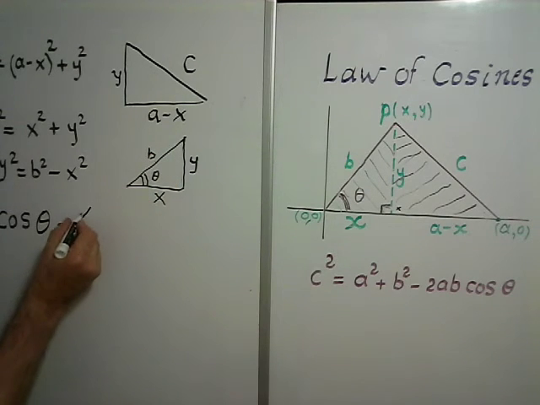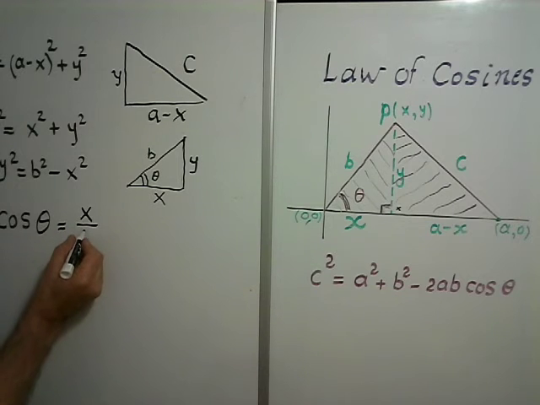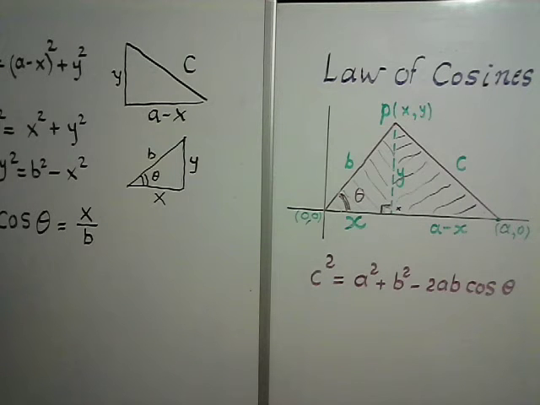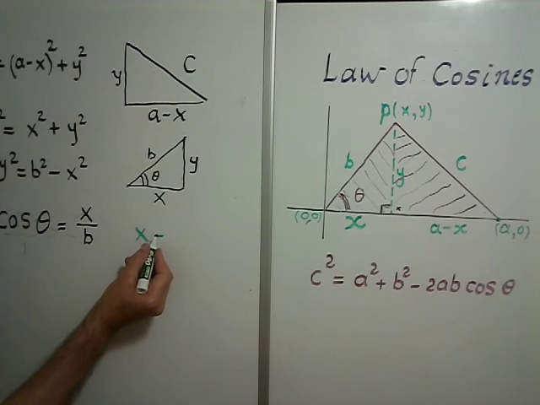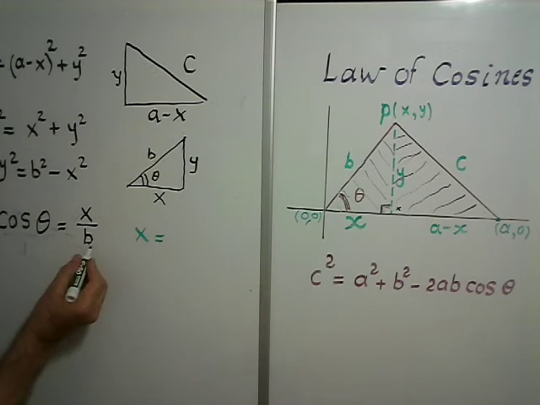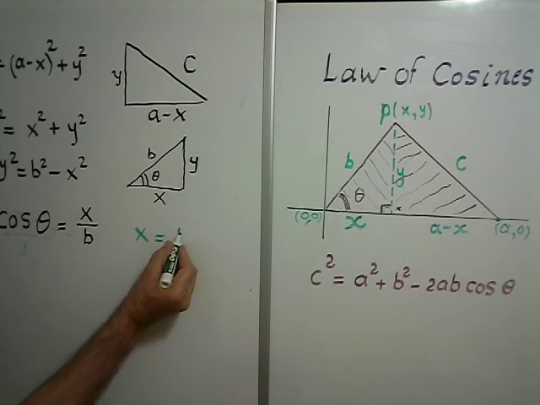So cosine theta equals x over b, right? When you cross multiply, here it is just 1. So x by 1 gives you x, and b times cosine theta. So x equals b cosine theta.